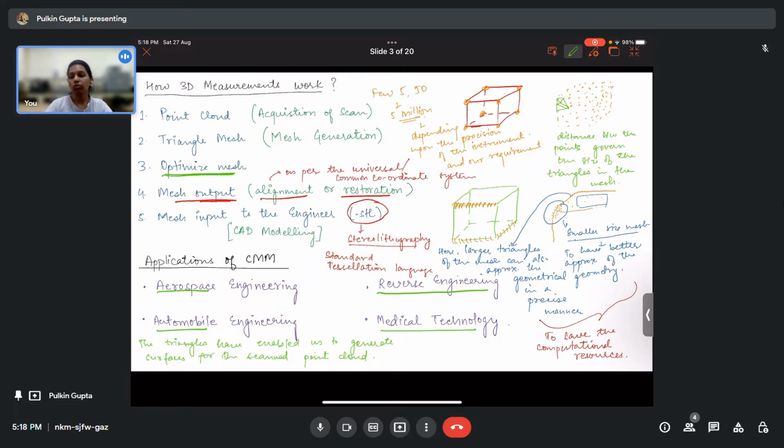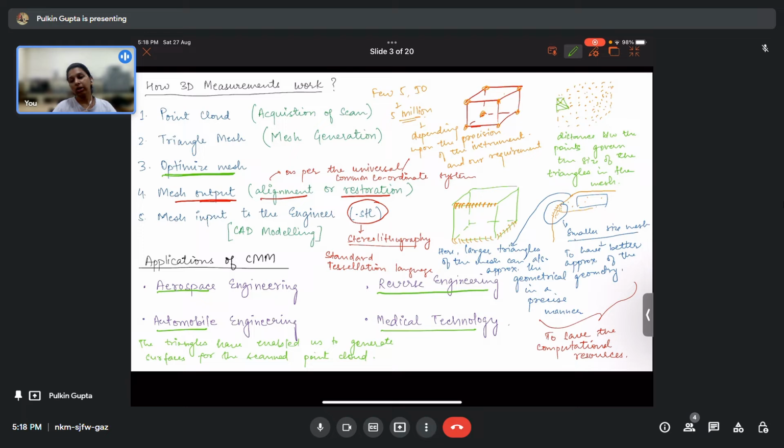So whenever you want some modification or information about the geometrical physical properties, we use coordinate measuring machines or 3D measurements. In reverse engineering, this is extensively used whenever we have an intention of having certain kind of modifications or addition of features in the existing geometrical models.